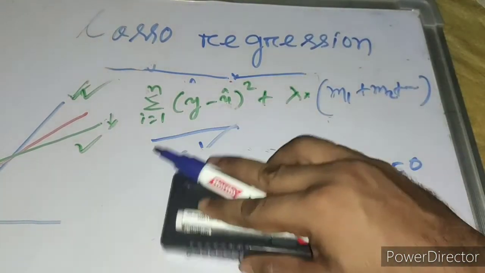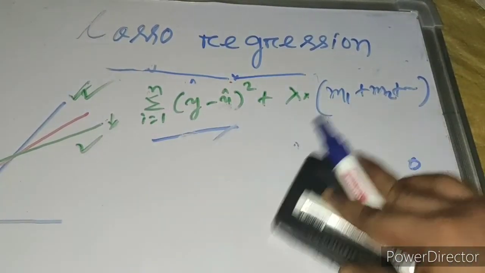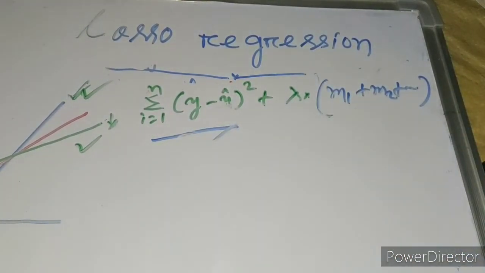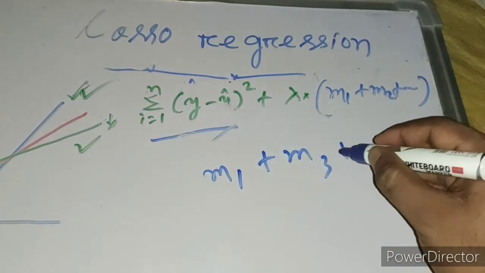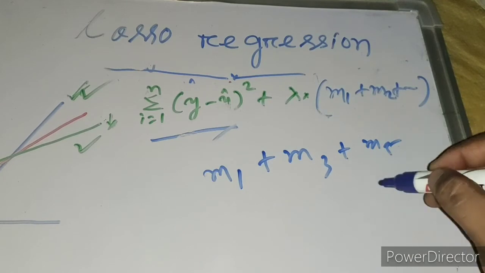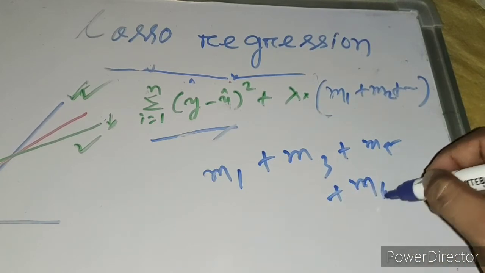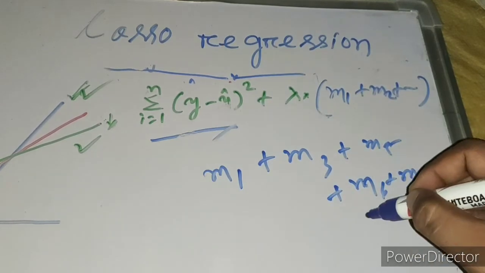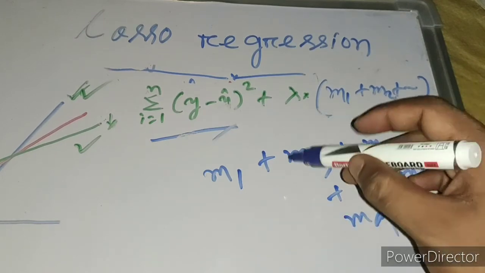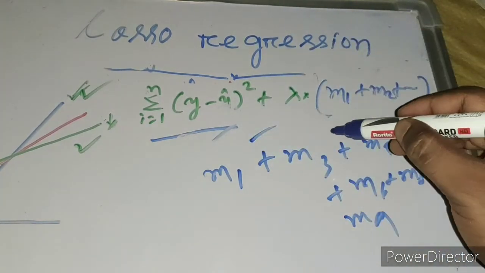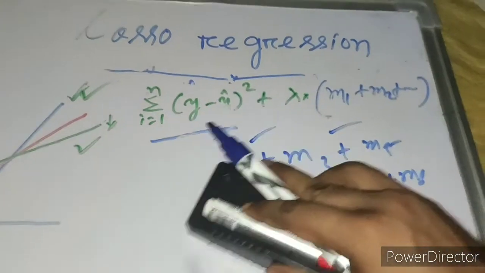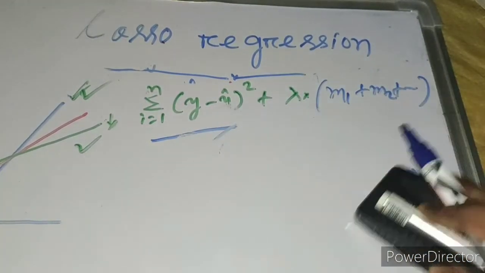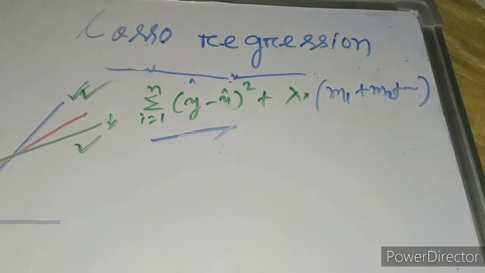If this series continues up to 100, we can have m1 plus m3 plus m5 plus m6 plus m8, m9, like this. The features whose m value is equal to 0, such as m2, m4 and m7, will be omitted out of our calculation.